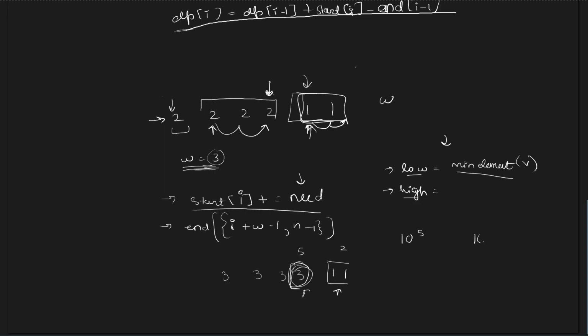Each element can be 10 raised to the power 9, and at max you have to water them for 10 raised to the power 5 days. So each plant of height 10 raised to the power 9 will increase its height by 10 raised to the power 5, right? So the maximum height would be 10 raised to the power 9 plus 10 raised to the power 5. So we can take any value greater than 10 raised to the power 9, it should work. That is why I have taken 10 raised to the power 10, right?